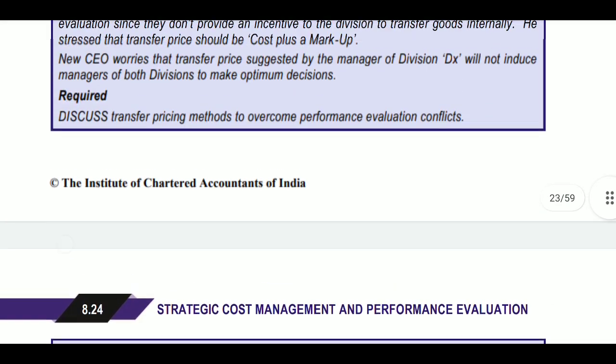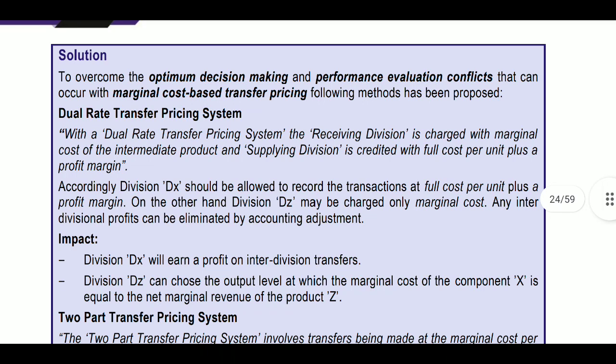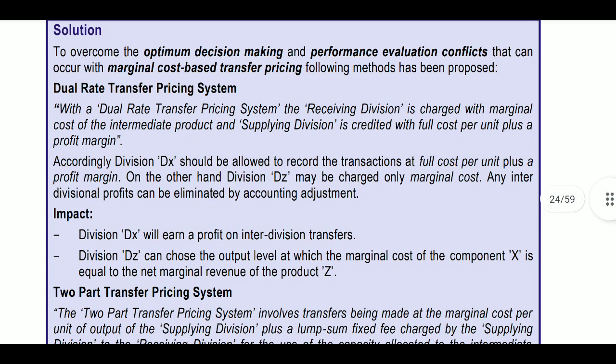We have two methods for these problems. One is to overcome the conflict between optimal decision making and performance evaluation, which can occur with marginal cost based transfer pricing. The following methods have been proposed: the dual rate transfer pricing system, or the two parts transfer pricing system.